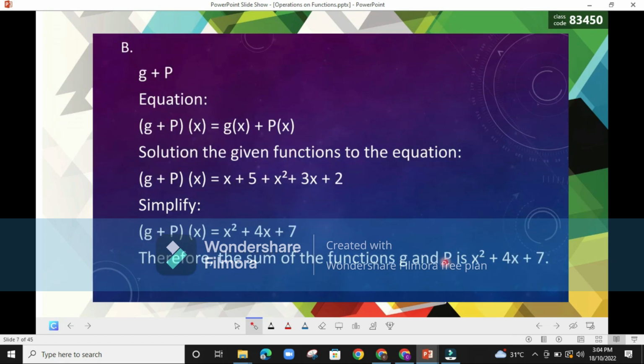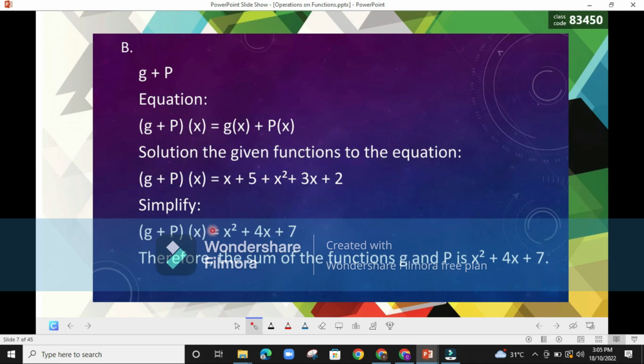Next, for letter B, you have g plus p. We are asked to add the functions g and p. We have the equation (g + p)(x) = g(x) + p(x). So the solution: (g + p)(x) = x + 5 + x^2 + 3x + 2, because our g(x) is x + 5 and our p(x) is x^2 + 3x + 2.